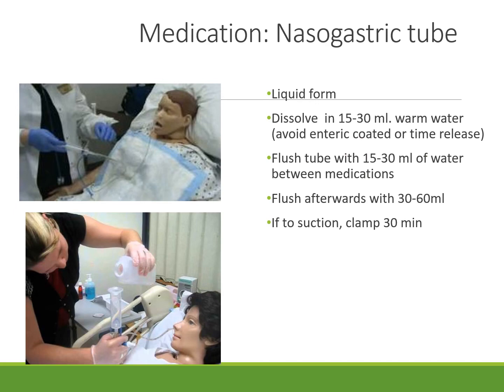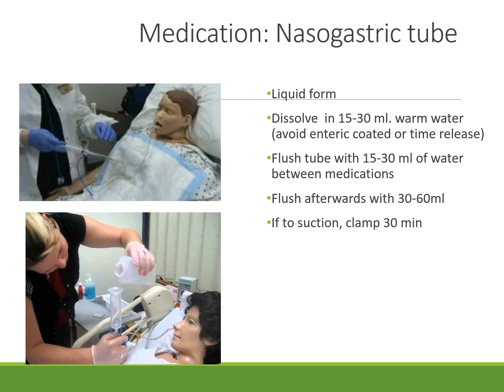There are also drugs that are usually administered via the NGT, no? Or we call that nasogastric tube. So if the patient loses the ability to swallow, then the doctor may resort to administration of the drugs via NGT. No?